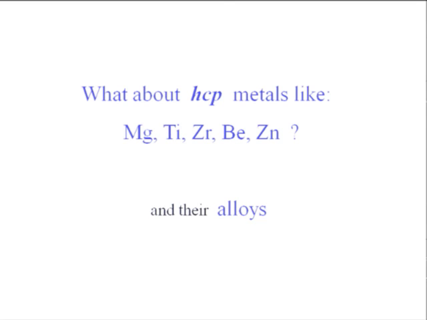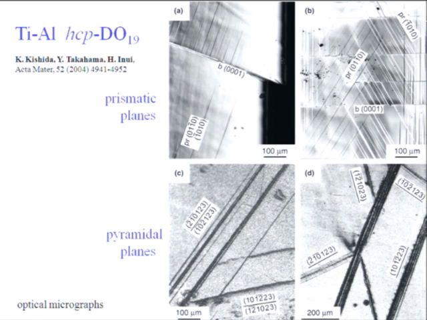And it turns out that in these materials, which are our important structural materials, twinning or the planar faults do not follow the simple rule. Not the close-packed layers or planes are producing these twin faults.